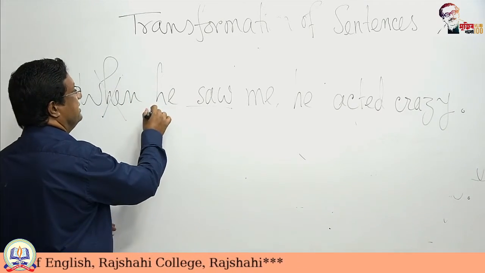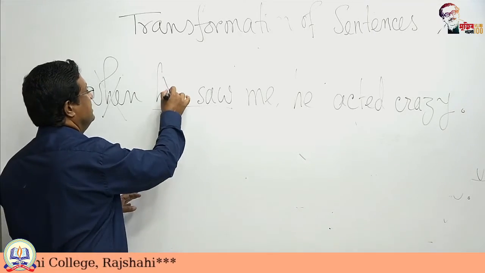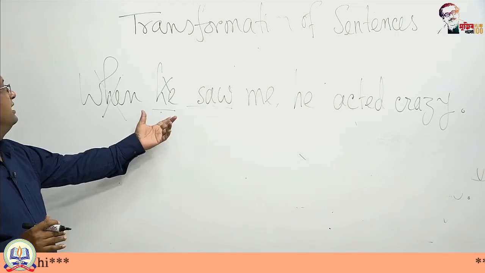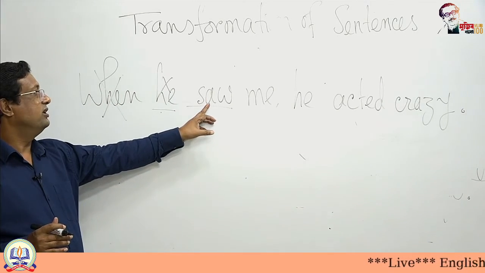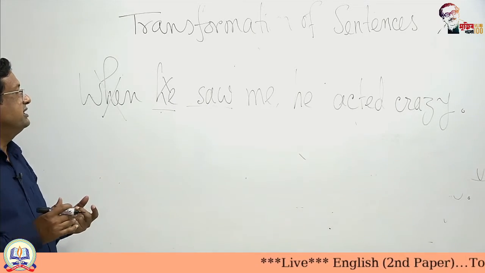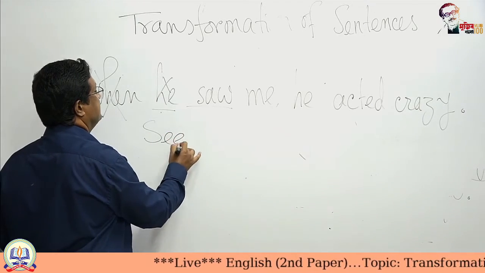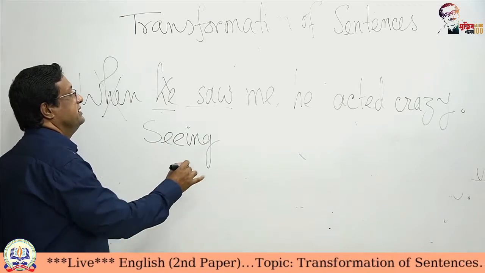I will eliminate he only because there are two he's. You see, he and he. That is why I have eliminated these two words. Now, saw. And when I am going to make a present participle, I will go to the base form see, seeing. This is the present participle. Seeing me.